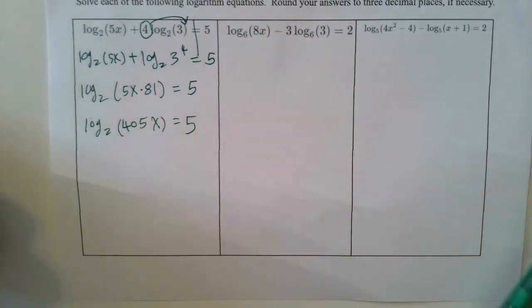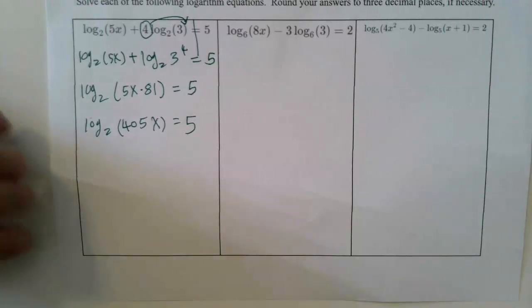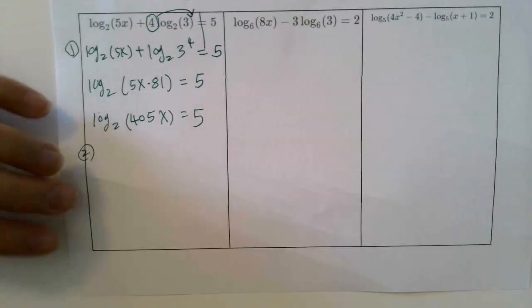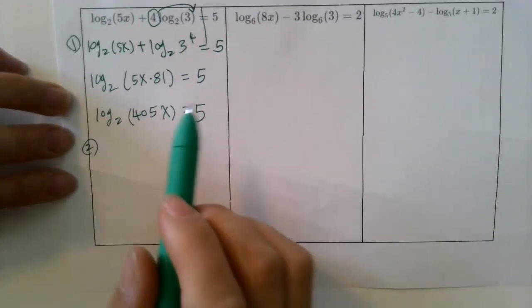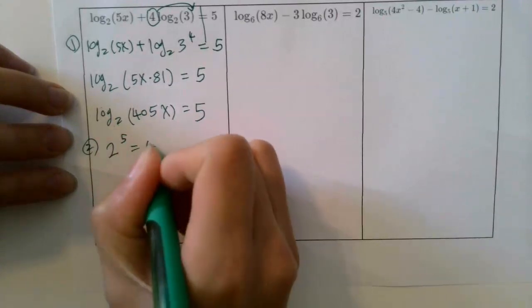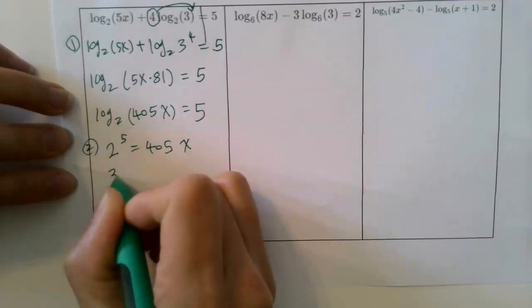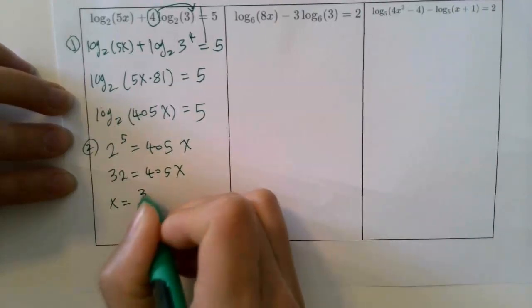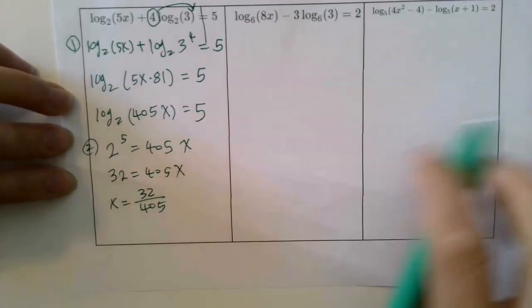Step number 2, exponentiate both sides using the base of the log or convert to the exponential form. How would you guys like to do it? I personally just like to convert to the exponential form. So 2 to the 5th power is equal to 405x. 32 is 405x. x is 32 over 405.